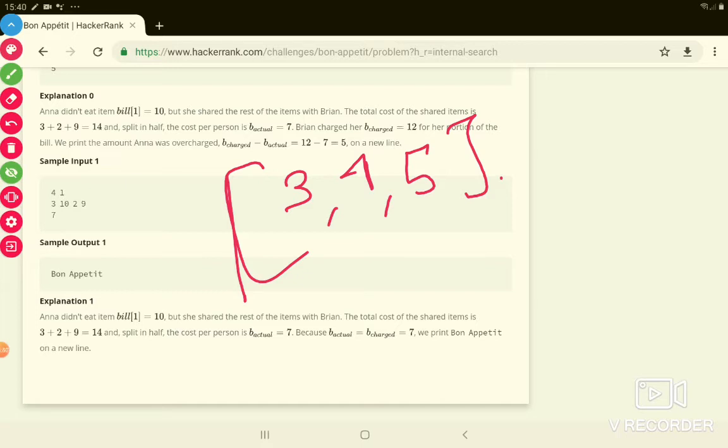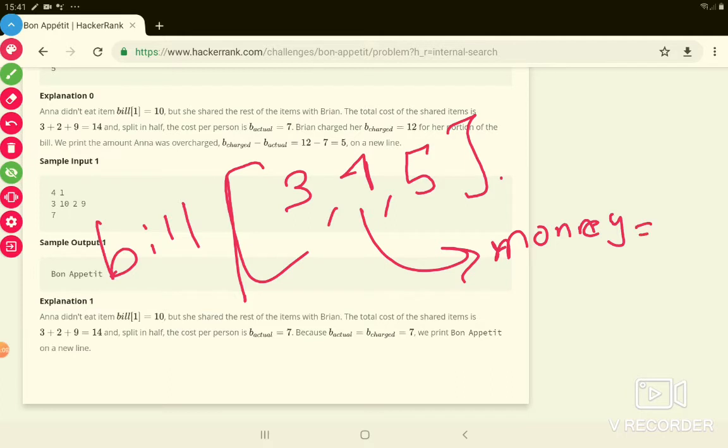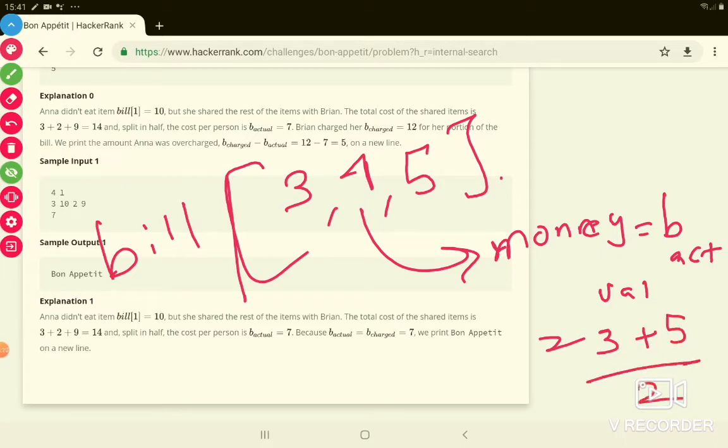Now, if Anna didn't eat that element of the array bill, then she should give money equal to B actual, which is (3 plus 5) divided by 2, because there is a sharing between Anna and Brian.